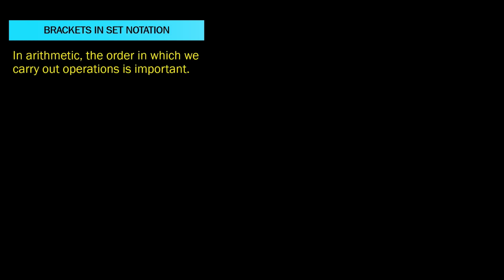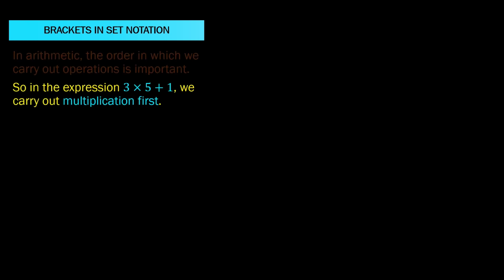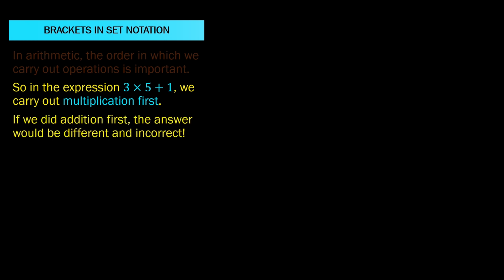In arithmetic, the order in which we carry out operations is important. So, in the expression 3 times 5 plus 1, we carry out multiplication first. If we did addition first, the answer would be different and incorrect.